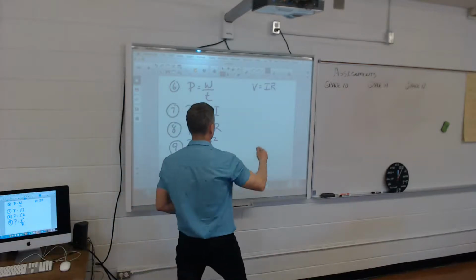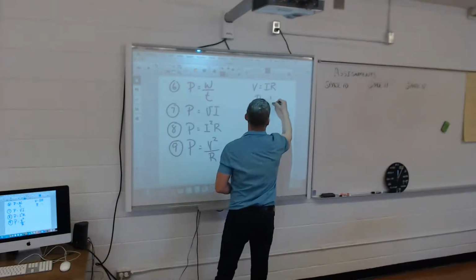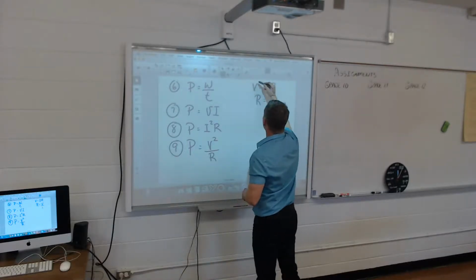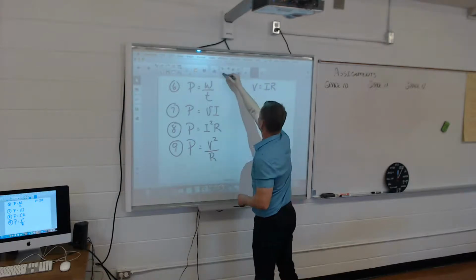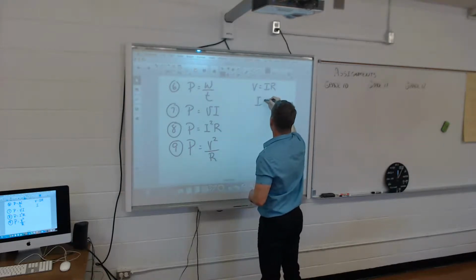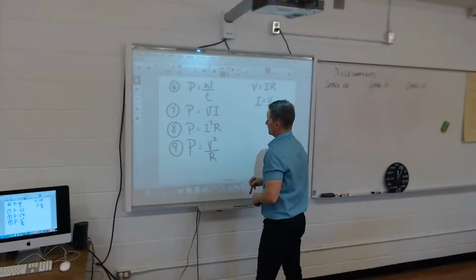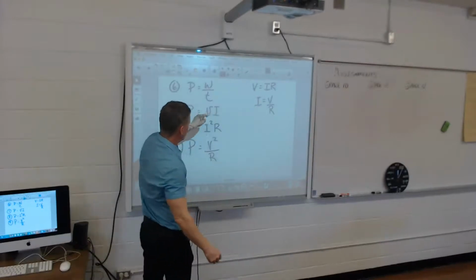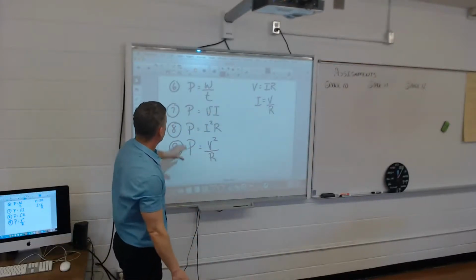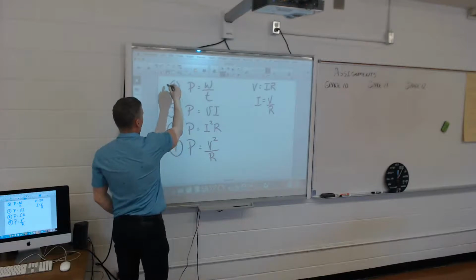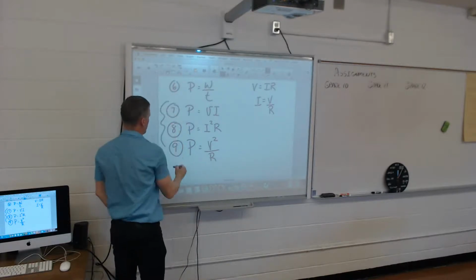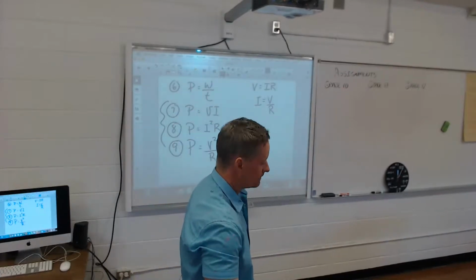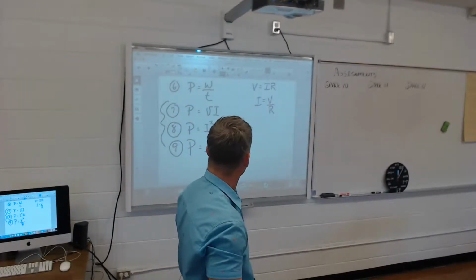If I change I to V over R, substitute it in here, I get V squared over R. So these are 3, 4, really, but these guys right here, all are the same equation. Okay? All right.